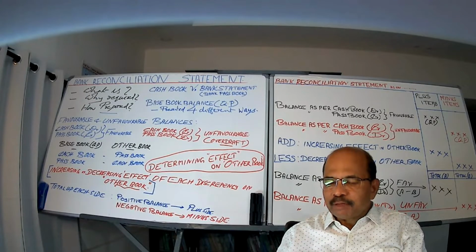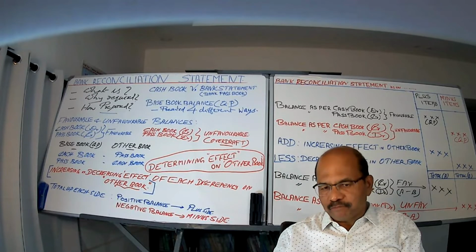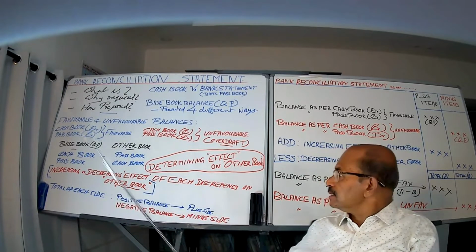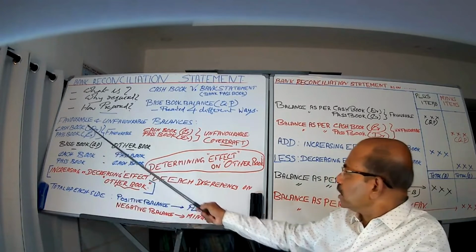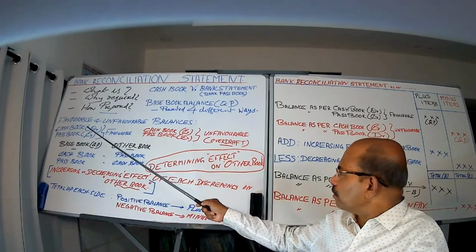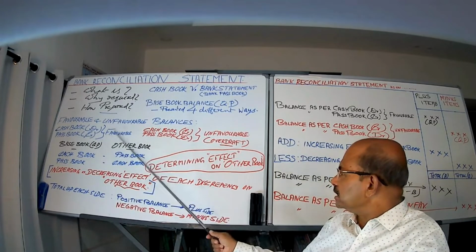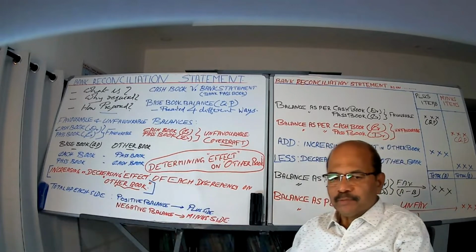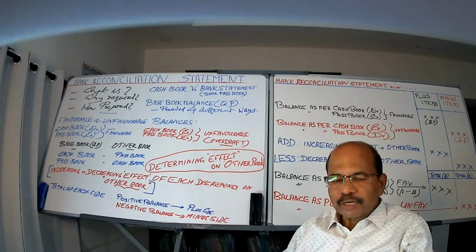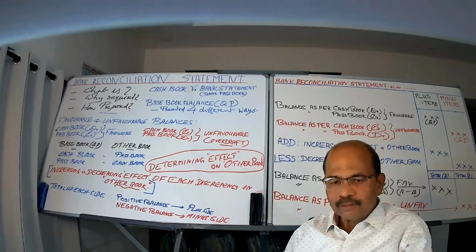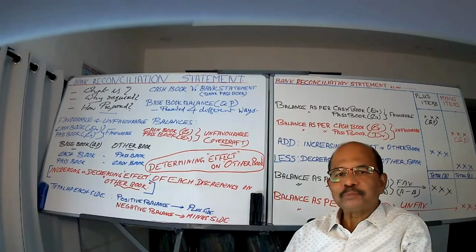Further, each book balance may be either favorable or unfavorable. See, a cash book debit or a passbook credit balance is favorable. Just keep that basically in mind. Cash book debit is a favorable balance only. You have done a number of cash books.